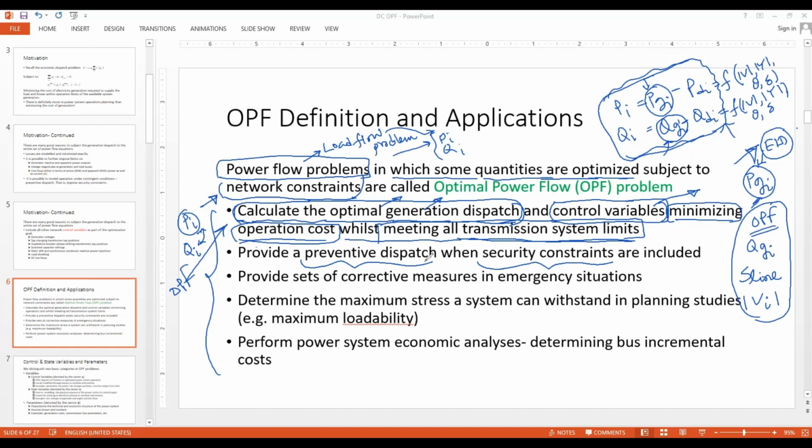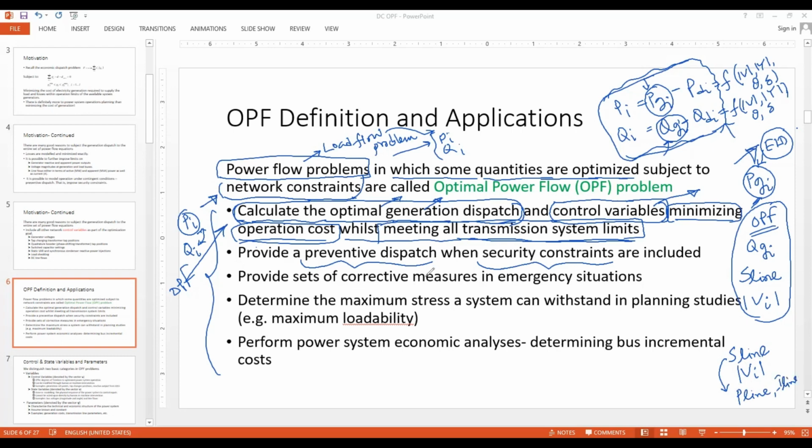By security issues, we mean that none of the lines are overloaded, so the S line, the line flow, is within the limits, and the voltage magnitudes are within the limits. Besides the S line, we can also say the P line is within the limits, or the I line is within the limits, all the same.